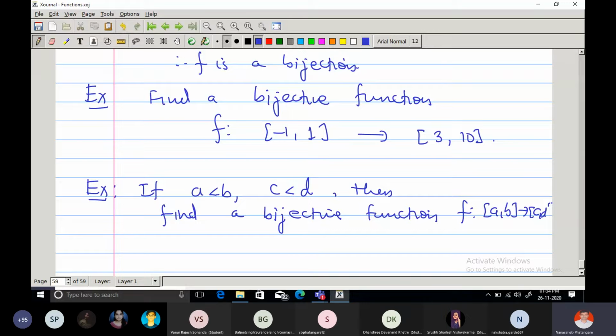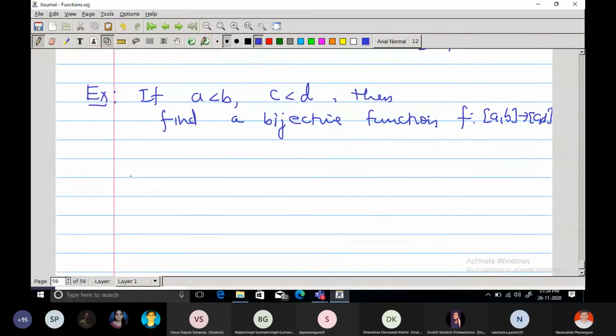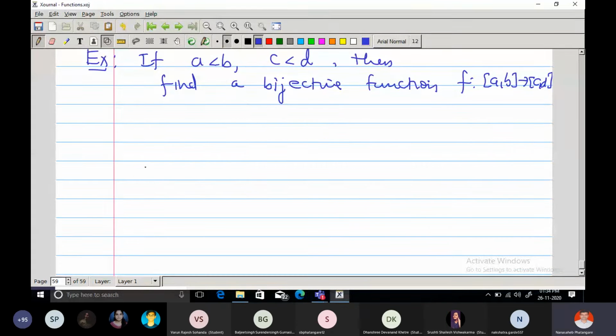Do you understand the question now? What is the question? The question is: the domain is interval AB, the codomain is interval CD.